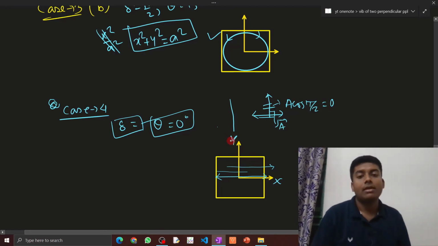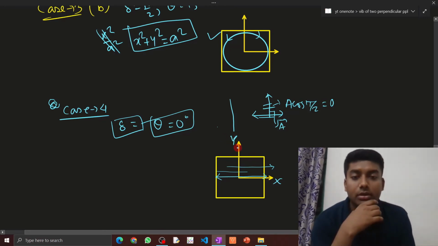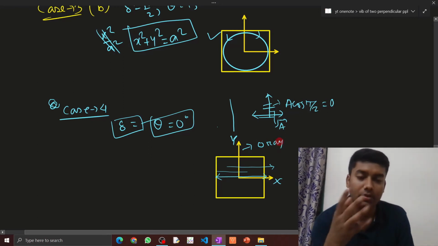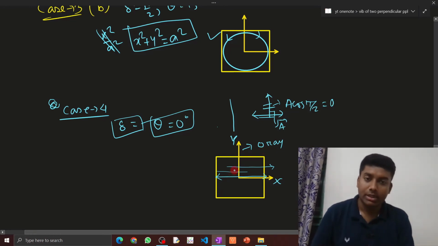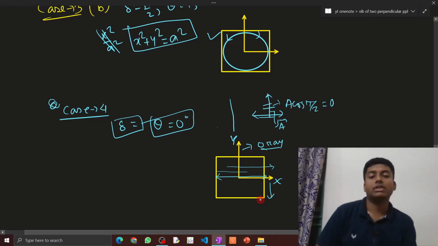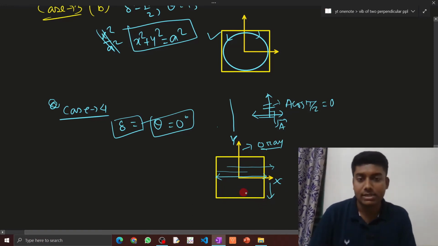That means there is no O ray, because we know that the light which has perpendicular vibration of the electric field is called the O ray, and that whose electric field vibration is parallel to the optic axis is called our E ray.